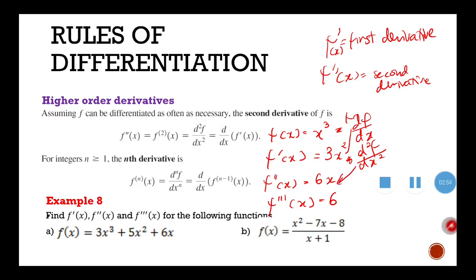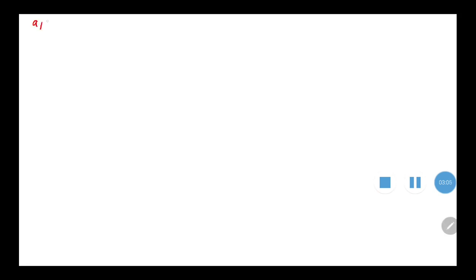Okay, so now let's look at example 8. What is the question for example 8a? f(x) equal to 3x cubed plus 5x squared plus 6x.